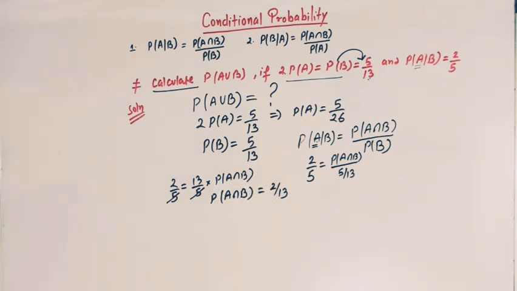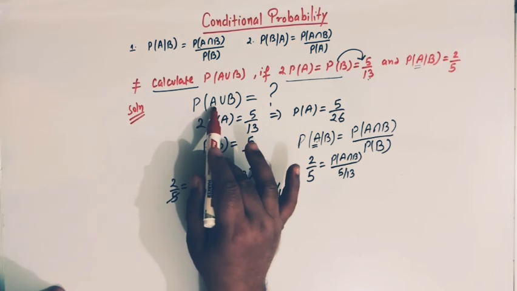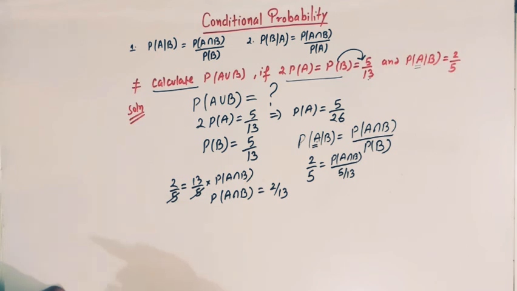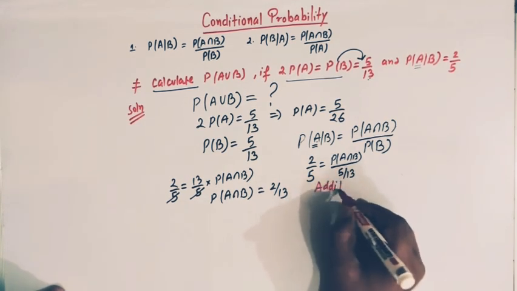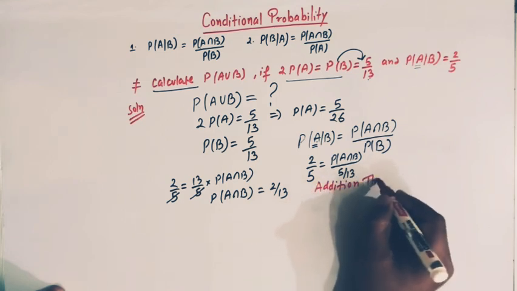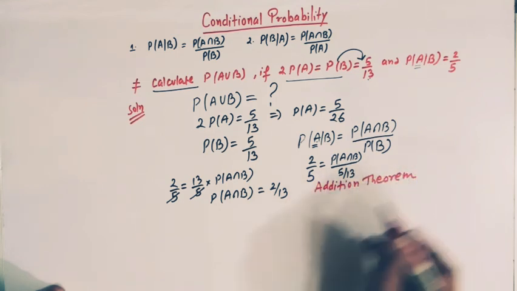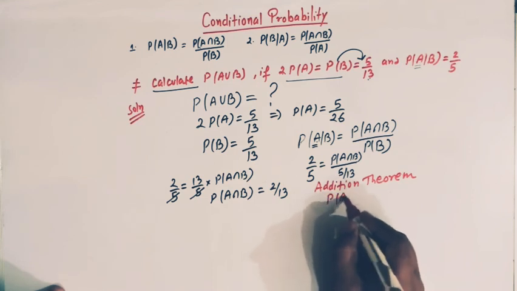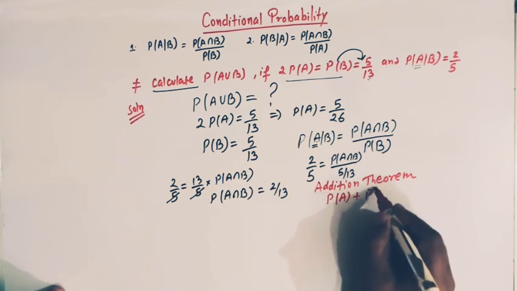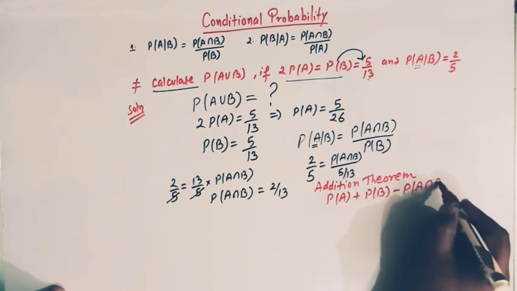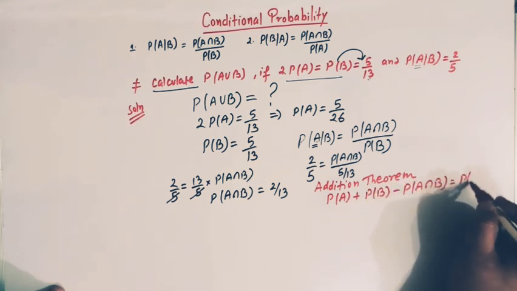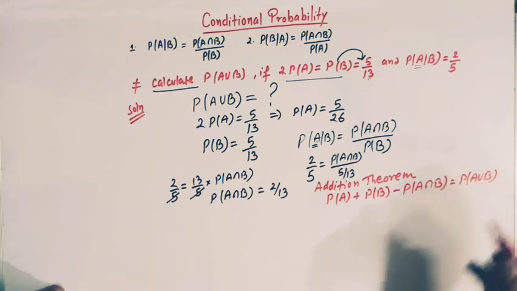But we have to find P of A union B. So here again we'll apply the addition theorem on probability, which says P A plus P B minus P of A intersection B is equal to P of A union B, right?